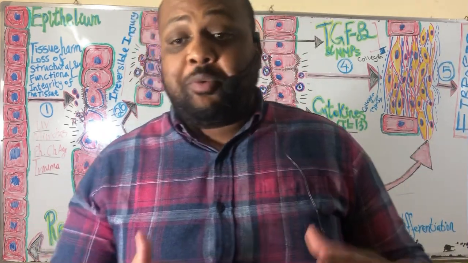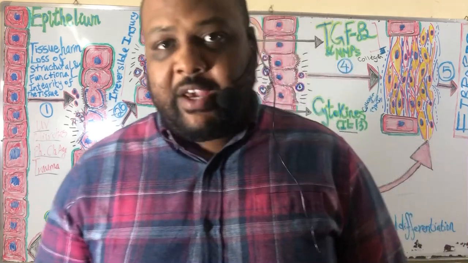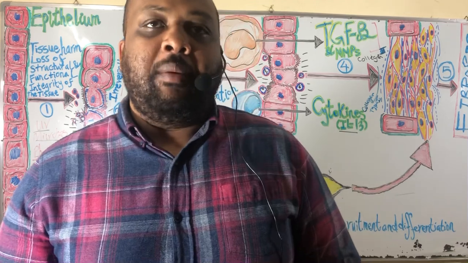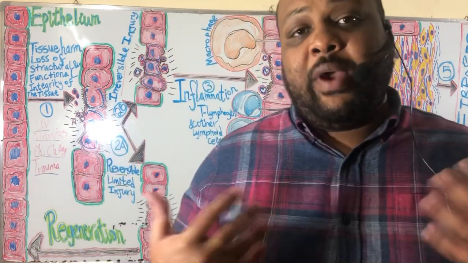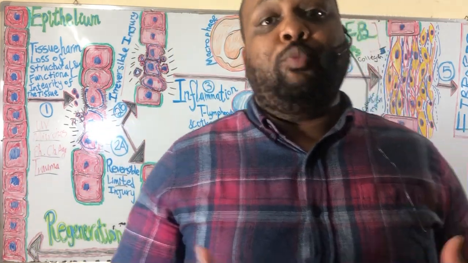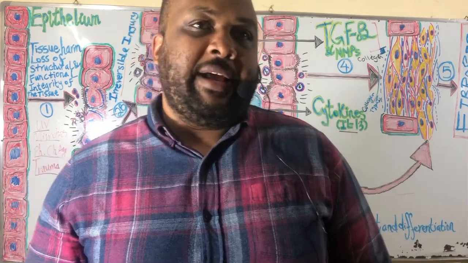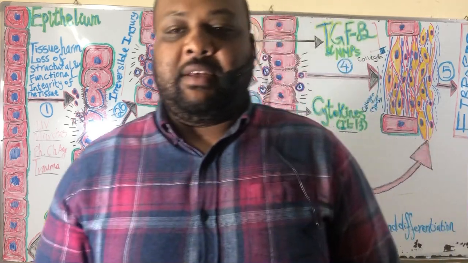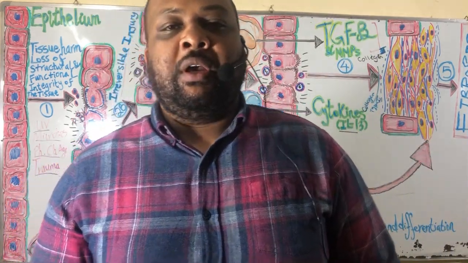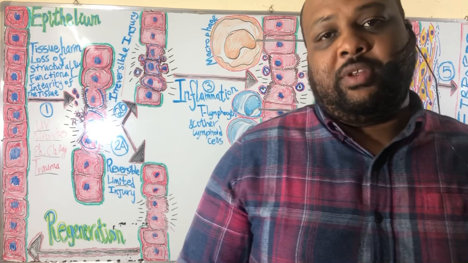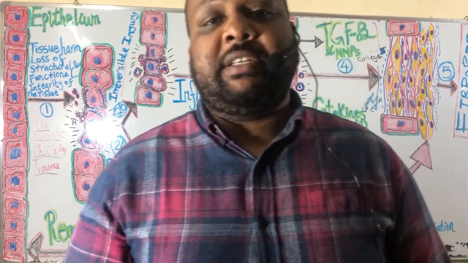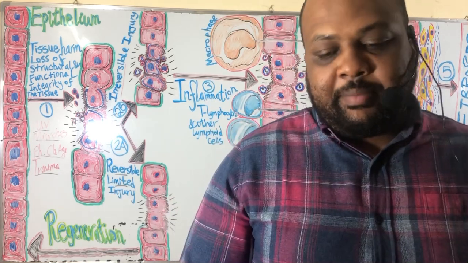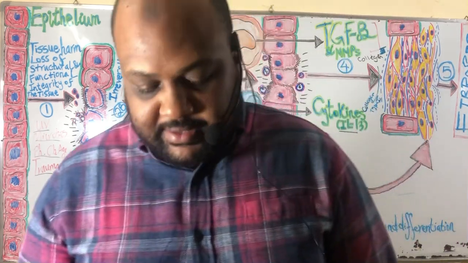So the macrophages would be in the classical pathway, the M1 pathway, the microbicidal action pathway. But we need that to end, so now macrophages can move on to the M2 pathway, the alternative pathway, the healing pathway, stimulating these tissue cells to proliferate, and the macrophages also secrete TGF-beta in order to cause the healing by fibrosis if necessary.